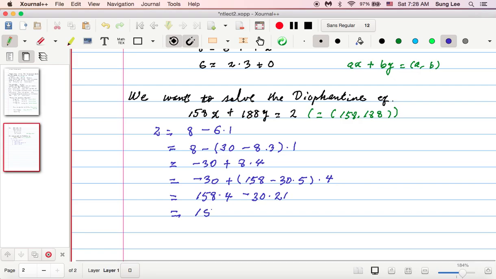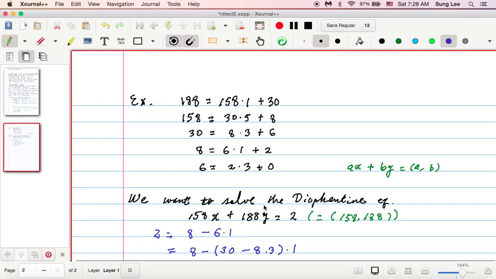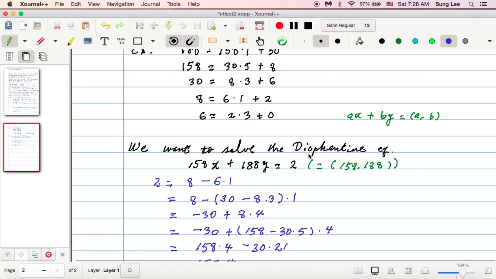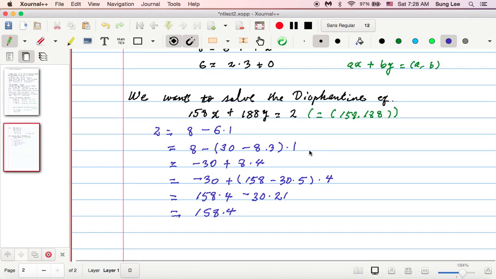Now we have 158 times 4, that stays the same. And this 30, right? Again, we are moving backward. Okay, so here the remainder 30 is 188 minus 158 times 1. So we do the same thing, replace 30 by that, right?